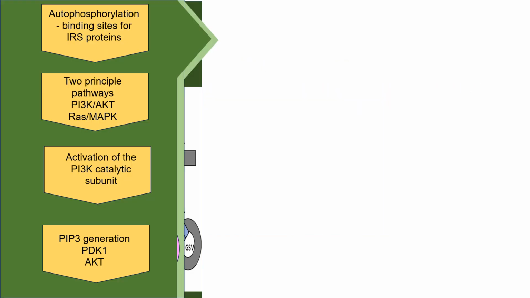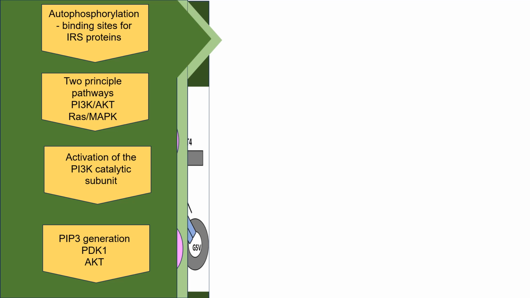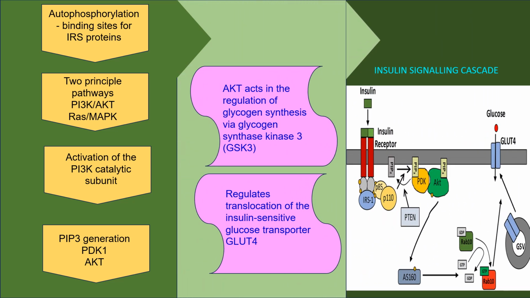To dwell into the details, the insulin receptor binds to phosphorylated residues on proteins, namely a family of large docking proteins known as the insulin receptor substrate family, IRS1, as well as the adapter protein SHC, SRC homology 2 domain containing.